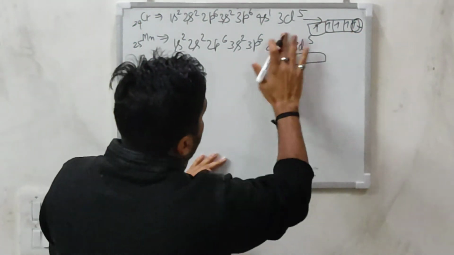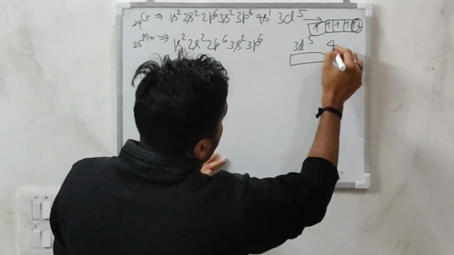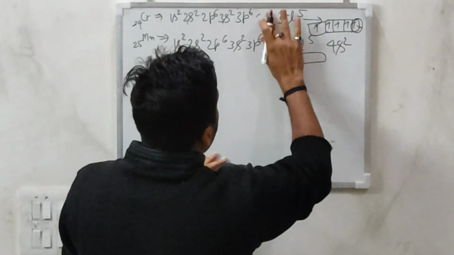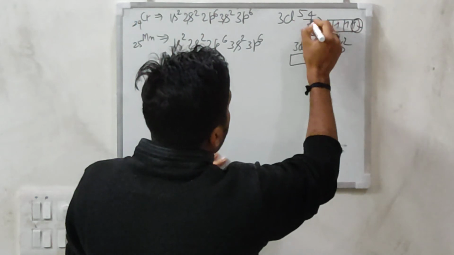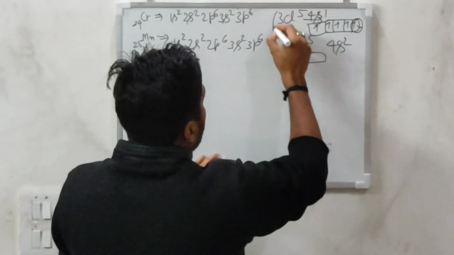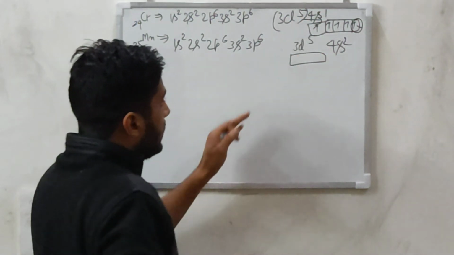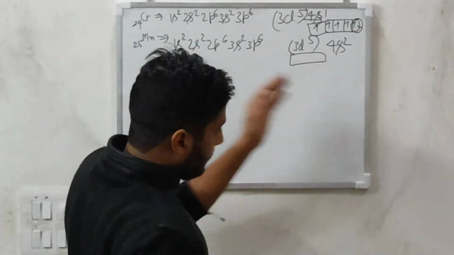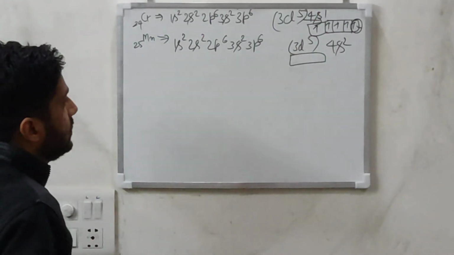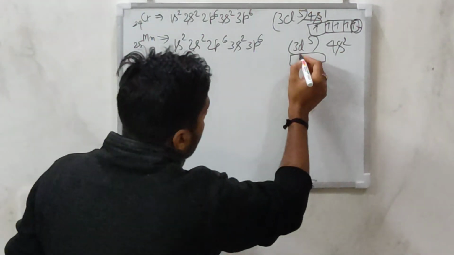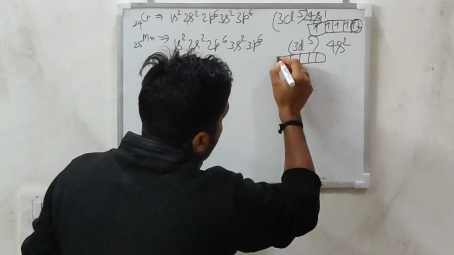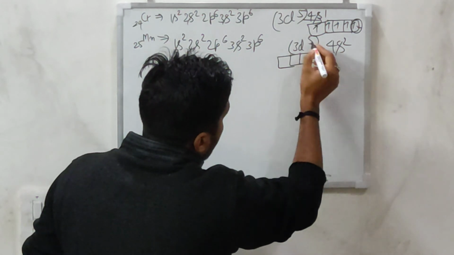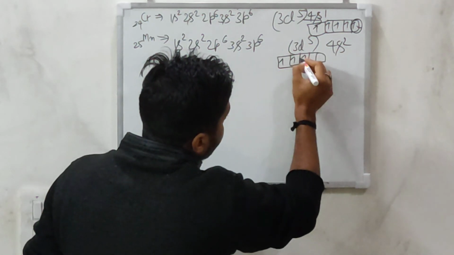The actual configuration will have 4s2 here and 4s1 here. So this 3d subshell lies before the 4s subshell, and we have to calculate the Z effective in the 3d subshell.